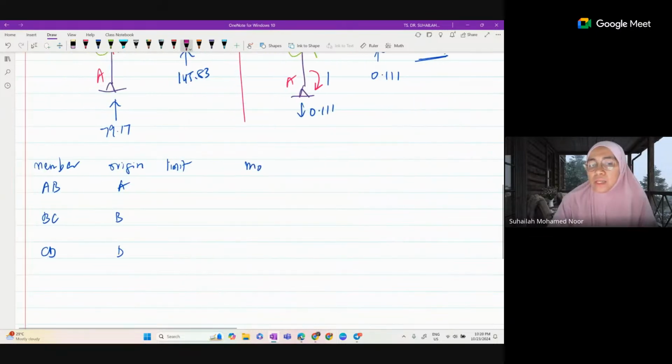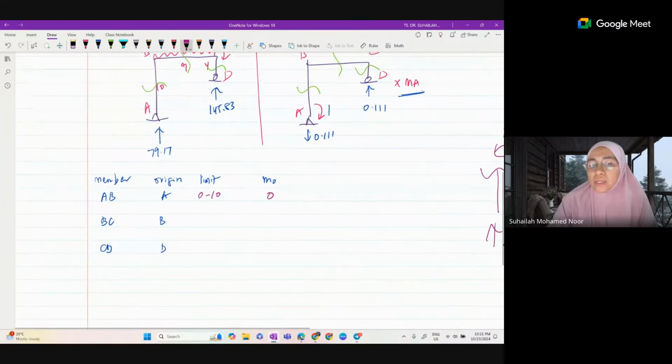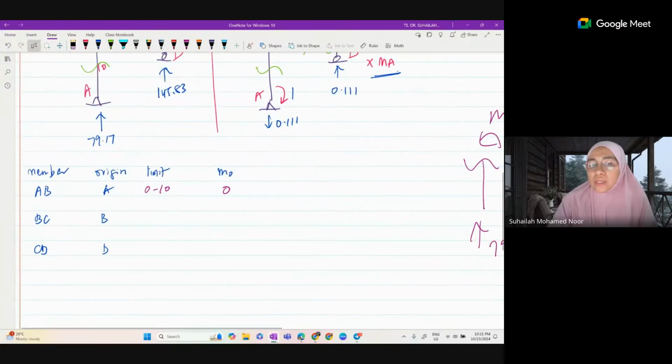Okay, this is equal to 0. Limit is 0 to 10. This is 0, because tak ada horizontal force tadi, right? We have another one, M1 here.